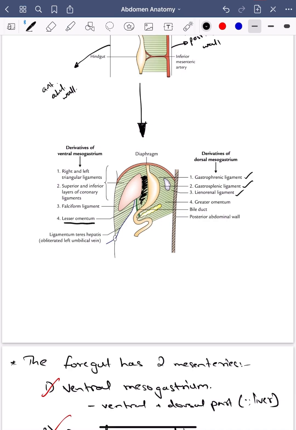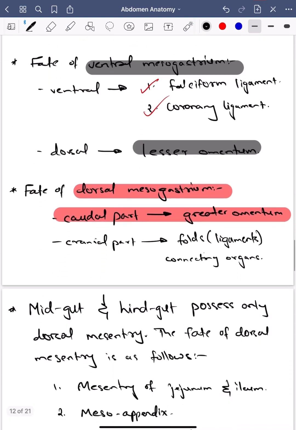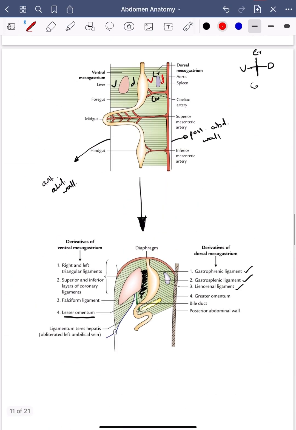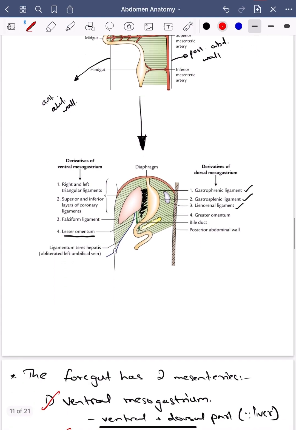Now the gastrophrenic connects the stomach and the diaphragm, the gastrosplenic connects the stomach and the spleen, and lienorenal connects the spleen and the kidneys. So the cranial part of the dorsal mesogastrium gets converted into the various ligaments. Now the important point you need to know is that the caudal part, that is this here, gets converted into what is known as the greater omentum.